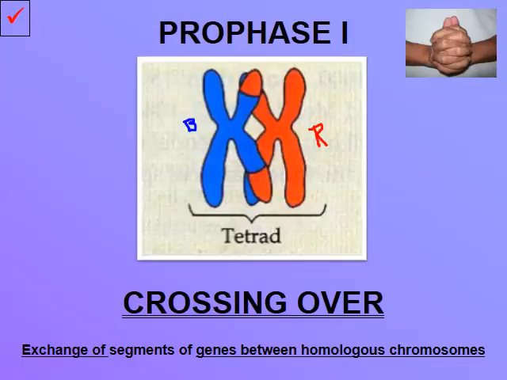So as you can see, down here, we have part of the red mixing with part of the blue, and part of the blue mixing with part of the red. So they can actually exchange parts to create more variants. Now the more variants we have, the better, which we'll talk about more when we get to genetics. But all you need to know for now is crossing over is exchanging two parts of the same type of chromosome to create more variation.